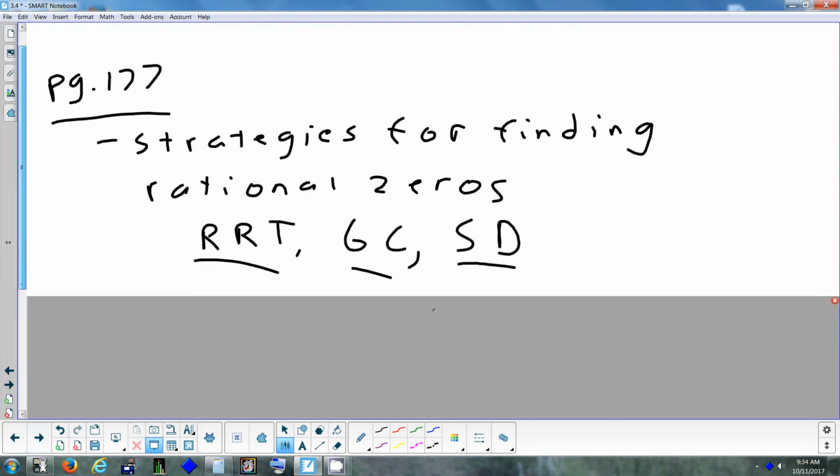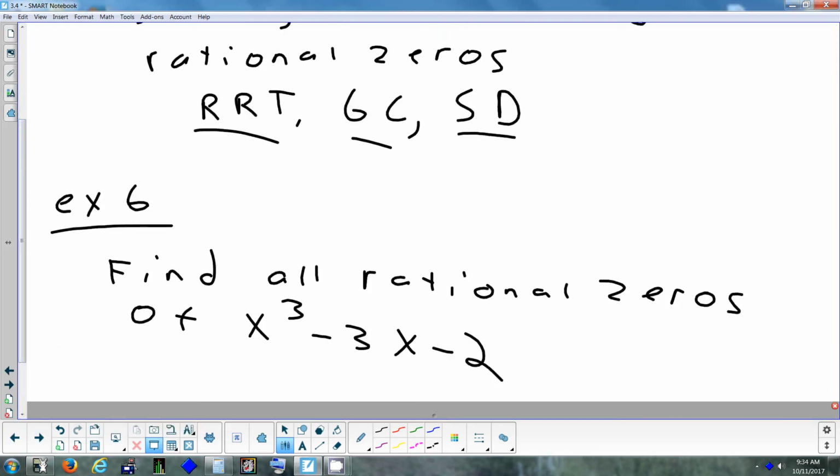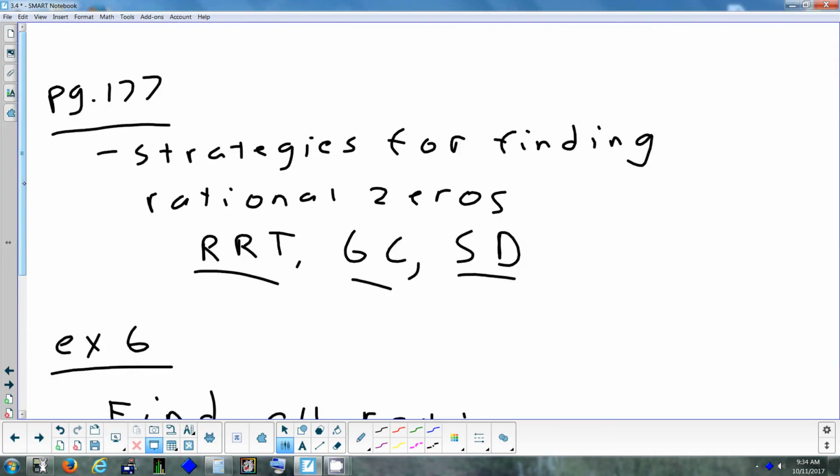So, we're going to look at a problem where it just says something like this: find all rational zeros. You could also say find all real zeros, which means you then use the calculator to find the ones that aren't fractions. But the first one is just going to be find all rational zeros. The strategy is you generally start with the rational root theorem. You use the graphing calculator to narrow down your list of possibilities.